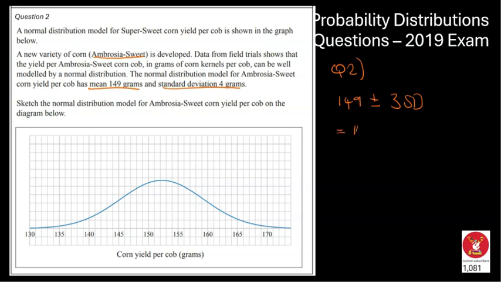So we're going to go 149 plus or minus 12, because each standard deviation is 4, so 4 times 3 is 12. That means we're going to have 137 and then 161. So our graph is going to roughly lie between 137 and 161. So 161 is kind of here, 137 is over here.